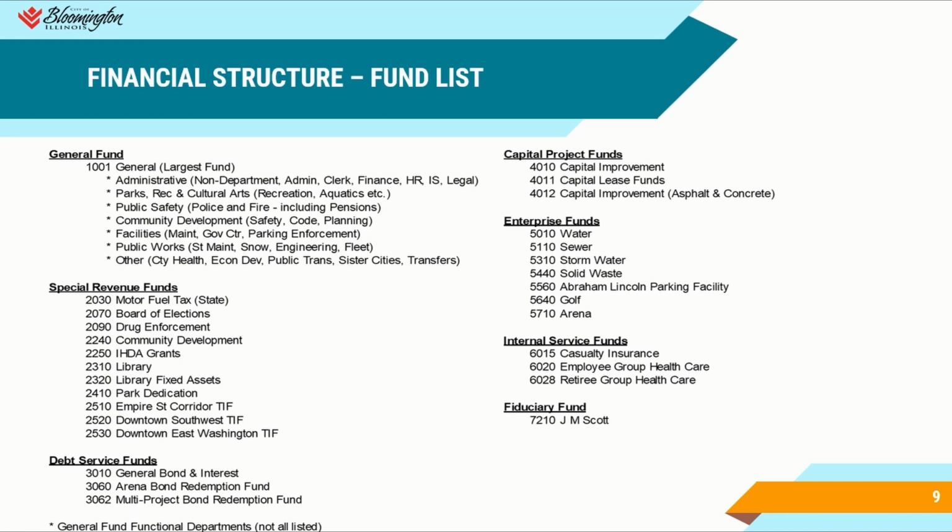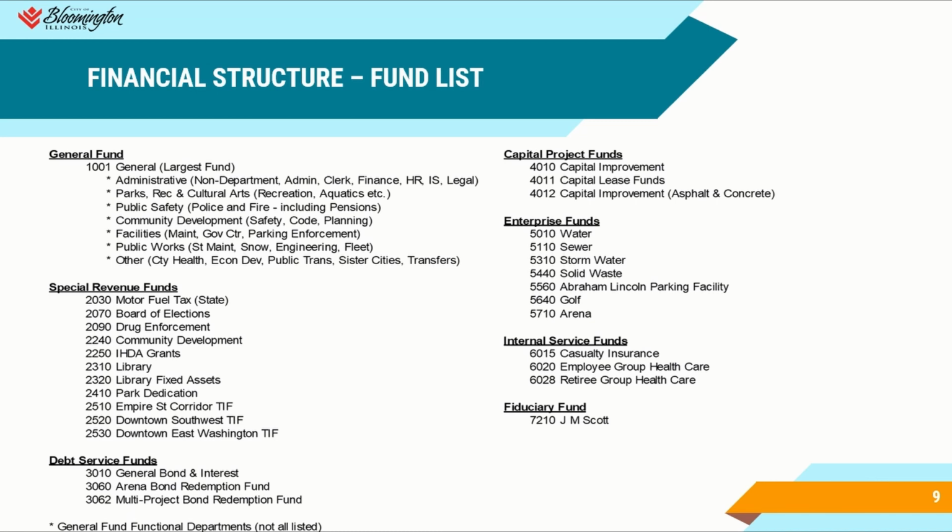Special revenue funds include the state motor fuel tax, library, and the city TIFs. Debt service funds include the general bond and interest, arena bond, multi-project bond fund. Capital project funds include the capital improvement fund, capital lease funds, and the asphalt and concrete fund.